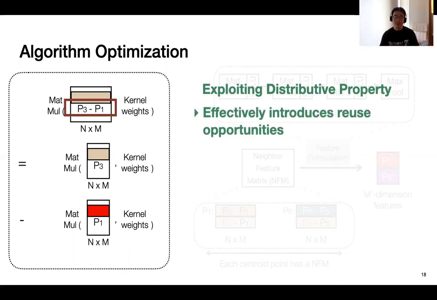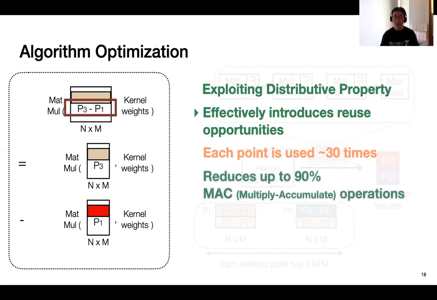By exploiting this distributive property here, the benefit is tremendous. First, it effectively introduces data reuse opportunities. More specifically, in our example, the features of P3 and P1 calculated can be used multiple times. In real applications, we have found that each point is on average used around 30 times.